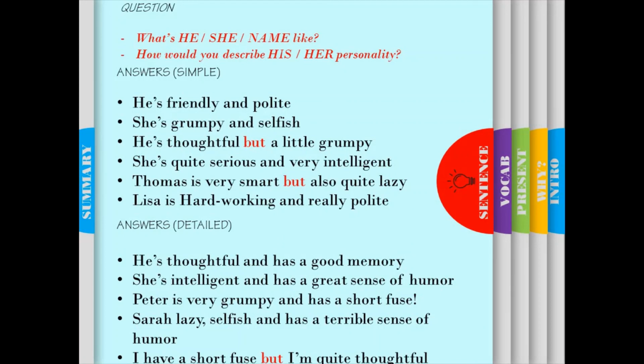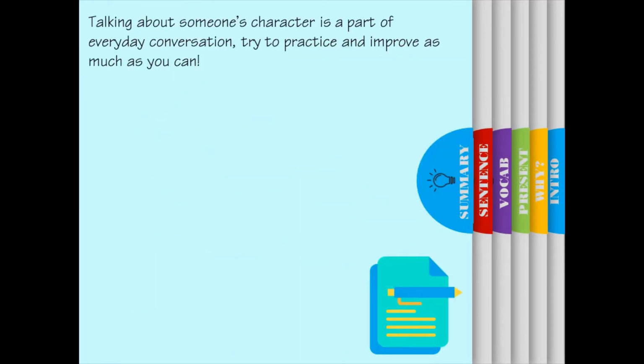So let's move on to our summary for this lesson. Talking about someone's character is a part of everyday conversation. You can try to practice and improve as much as you can. You can talk to your friends or family about this topic very easily.